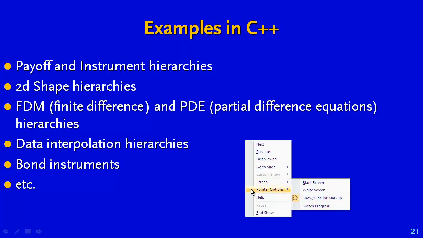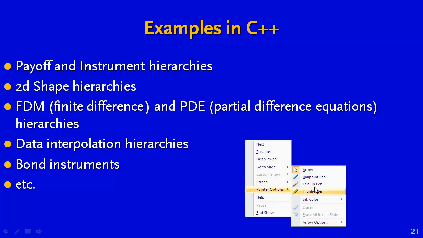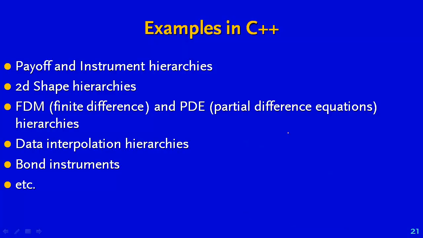Just let me draw the diagram just to make it slightly more concrete. So at the top level we'll have a PDE, any PDE. We might have at the next level a so-called parabolic PDE. So it's a time-dependent problem.